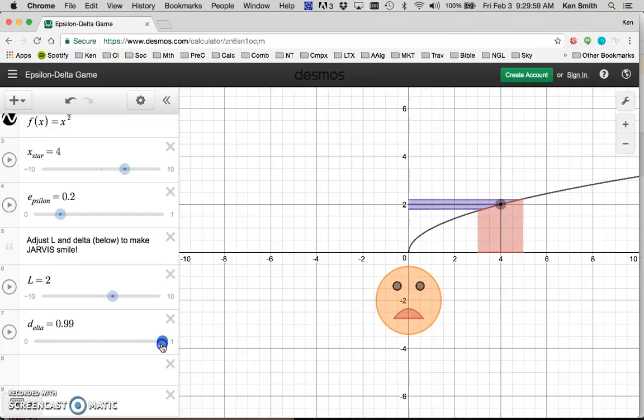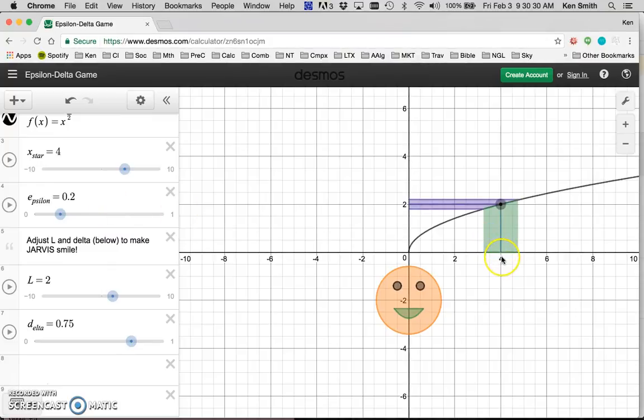I'm going to pull the little slider to the left and shrink delta. Notice that the red area is shrinking. The red area over here is getting thinner and thinner. My little face is still not happy. We're still not getting into the band. Let's pull a little more, come on. There we go. So if delta is 0.75, then that works for epsilon 0.2.